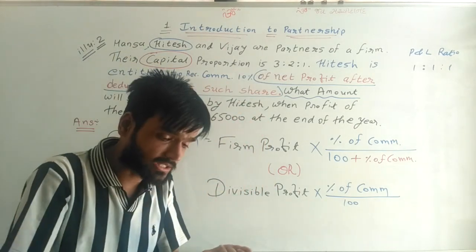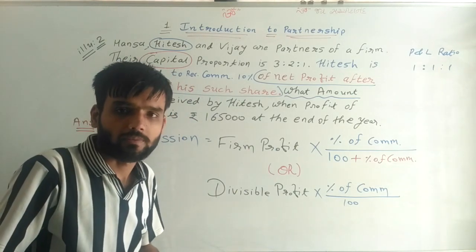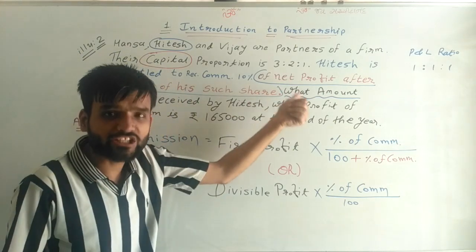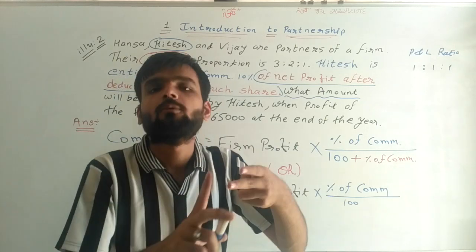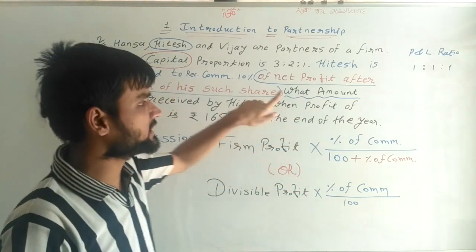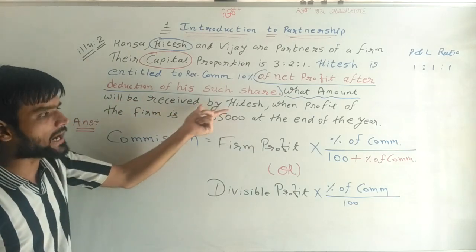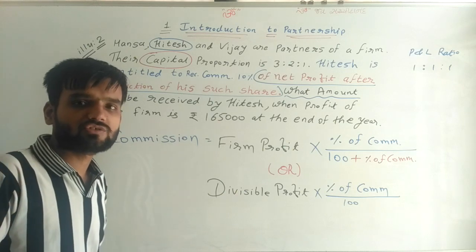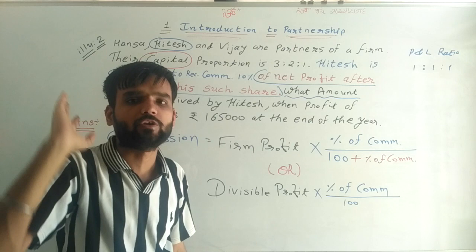Second thing, a partner also gets a profit portion. So here Hitesh receives commission plus profit. That's why the question is what amount will be received by Hitesh. So Hitesh will receive commission plus profit.